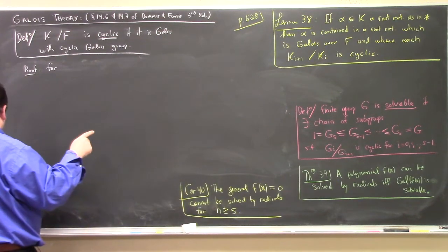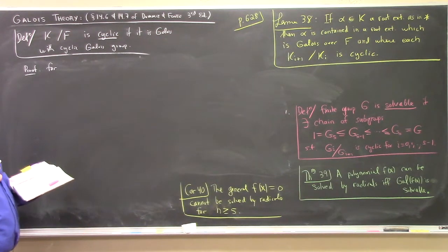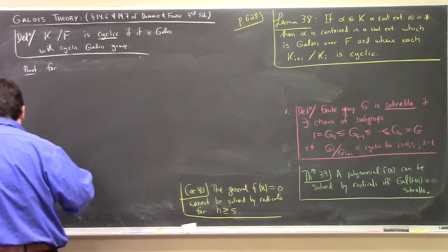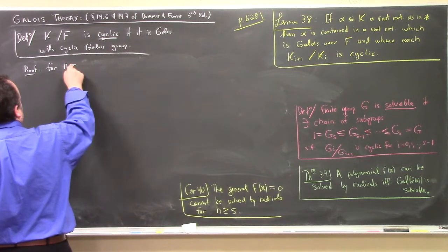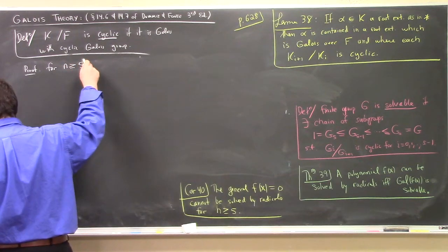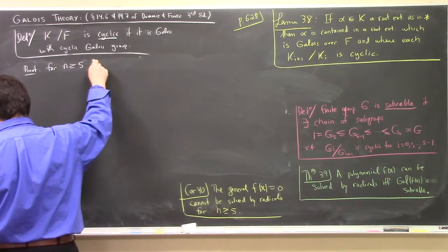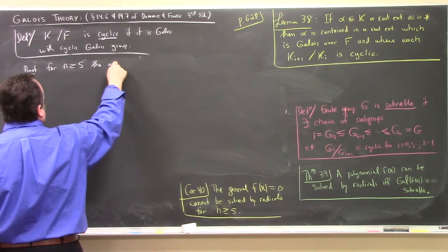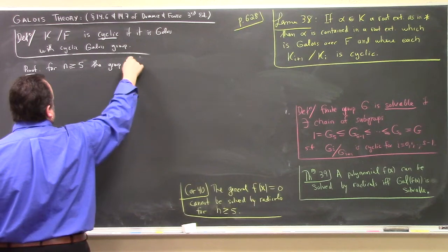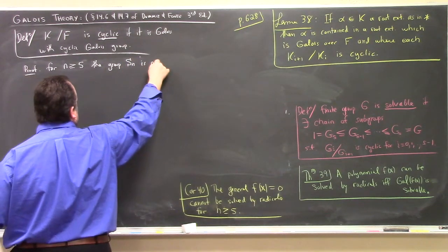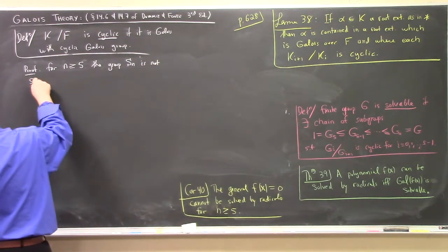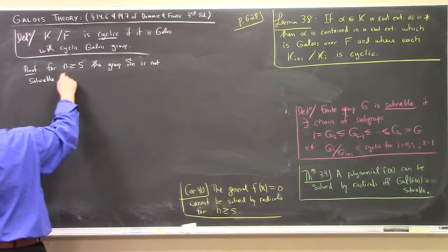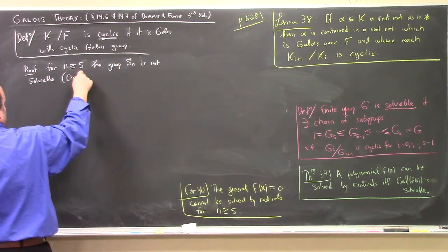Here's the proof. This also answers the question that you asked earlier today, which is what was the deal with all that symmetric stuff? All right, here it is. For n greater than or equal to 5, the group Sn is not solvable. This is from chapter 4 in Dummit and Foote, okay?